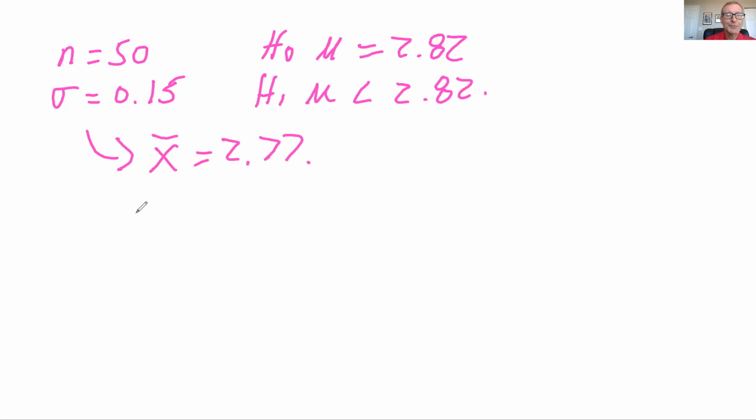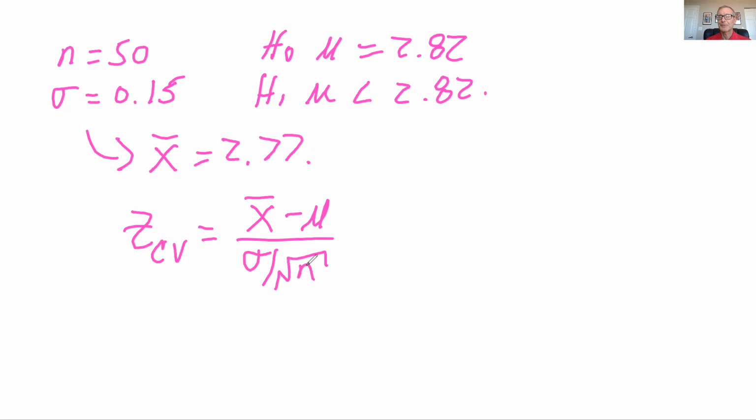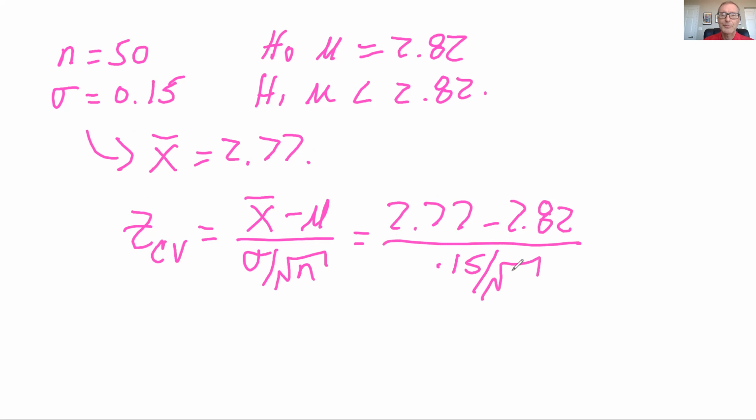So when you do the Z-score calculation here for the critical value, it's going to be the sample mean minus mu, all over the standard deviation divided by the square root of n, from the central limit theorem. So that would be 2.77 minus 2.82, divided by 0.15 divided by the square root of 50. If you worked that out, you would see that would be minus 2.36.